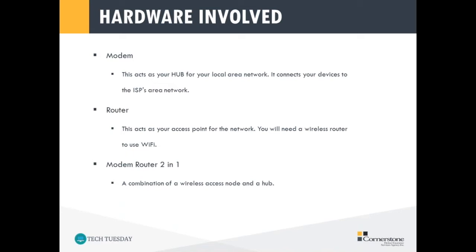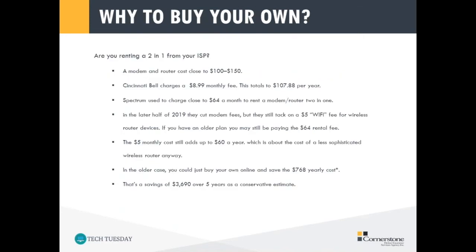We're going to be showing some pictures of these different devices here in a minute, so hopefully that'll help you out if you're trying to differentiate what's what. But typically, modem-router two-in-ones are what you'll be using if you're renting from your ISP, and a lot of people are.